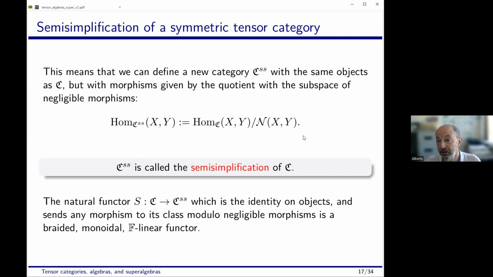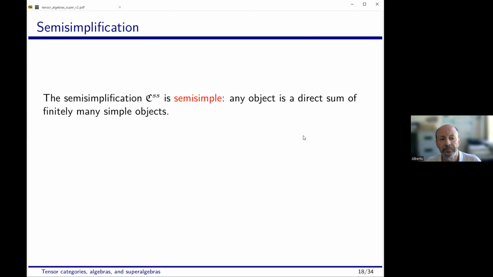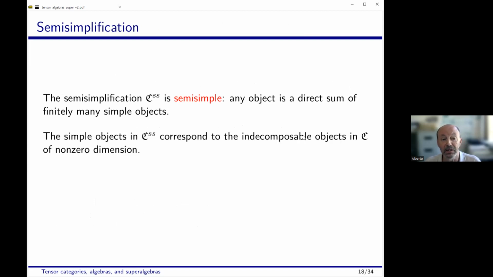And this gives a new category, which is called the semi-simplification of our category. Then we have the natural functor, which is the identity on objects, and takes any morphism to the corresponding equivalence class of this morphism, modulo negligible morphisms. This is a nice functor that respects the braiding, the tensor products, and so on. The braiding in the semi-simple category is just the class of the braiding in the old category. Moreover, this category is semi-simple in the sense that any object is a direct sum of finitely many simple objects, and the simple objects in the new category correspond to the indecomposable objects in the original category of non-zero dimension.